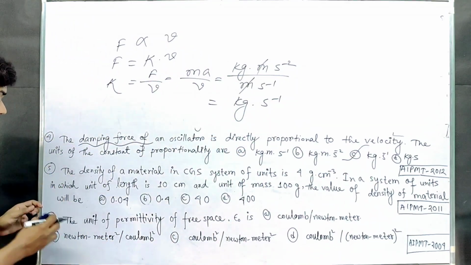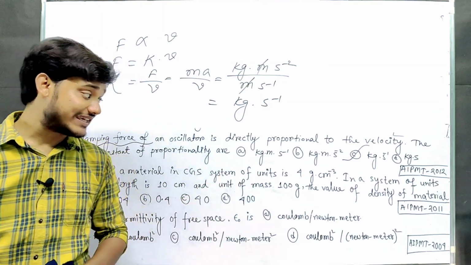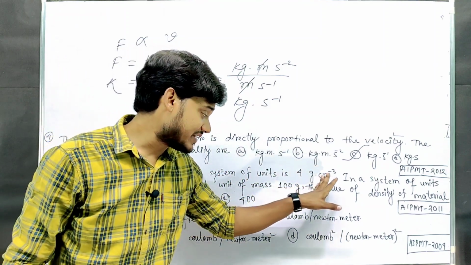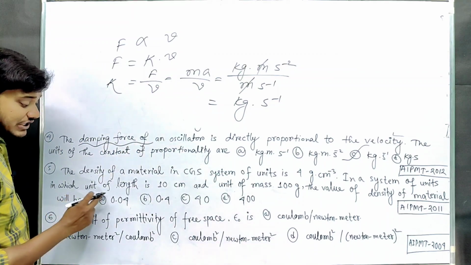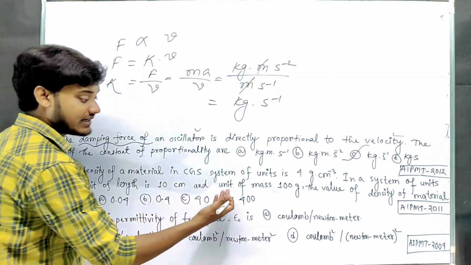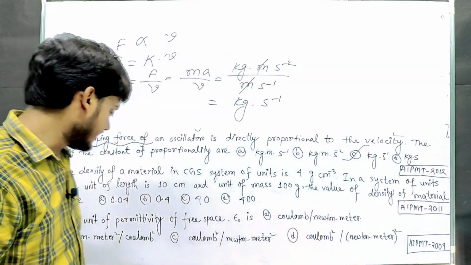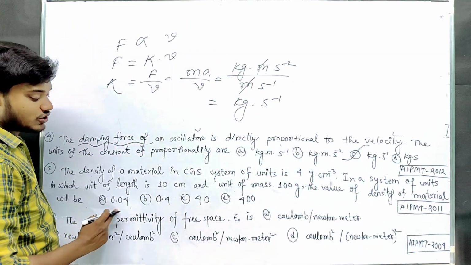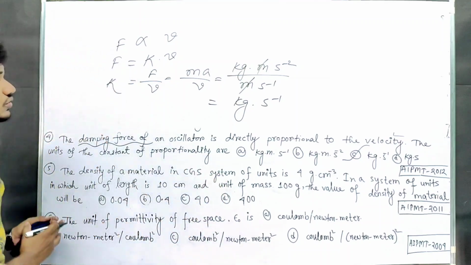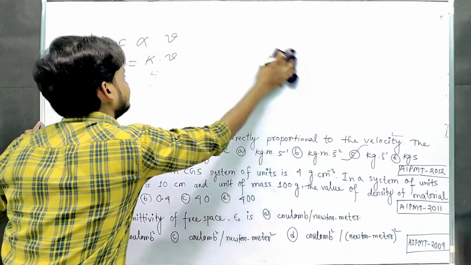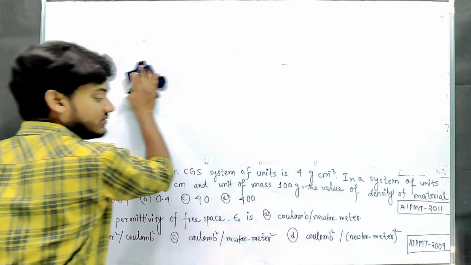Okay, next question. The density of a material in CGS system of units is 4 gram cm inverse 3. In a system of units in which unit of length is 10 cm and unit of mass is 100 gram, the value of density of material will be 0.04, 0.4, 40, or 400. Which is the right answer?